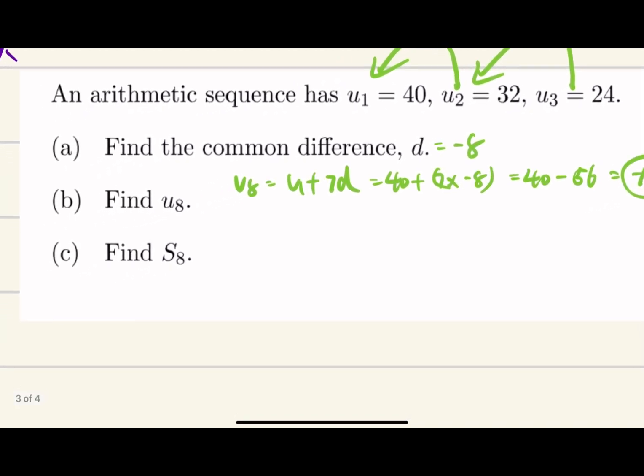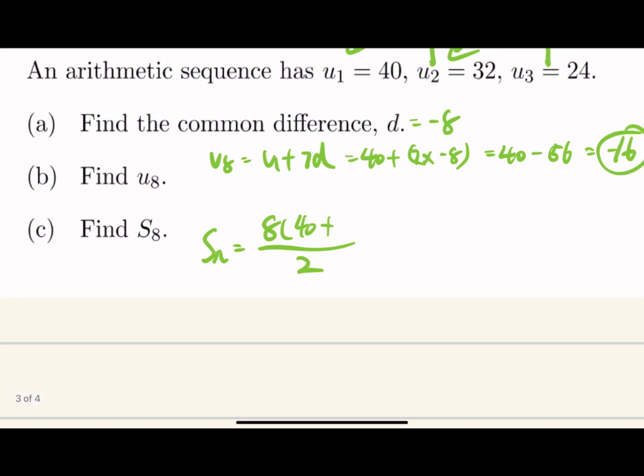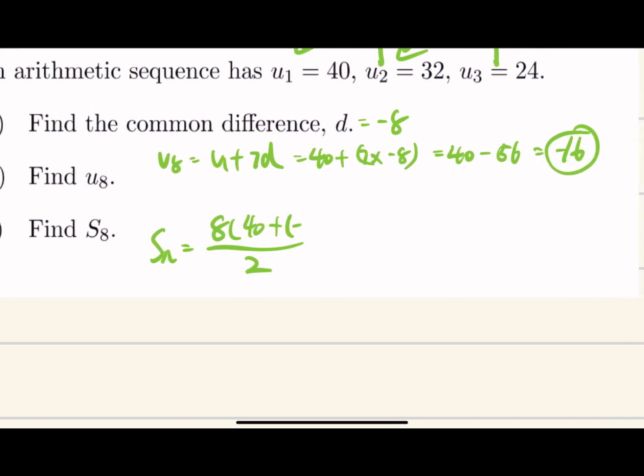And then S8, we're going to choose one of them. So we already know n, we already know u1, we already know un, so no hesitation. 8 over 2, and this will be 40, and then plus u8. So u8, you already got it, so that will be -16.